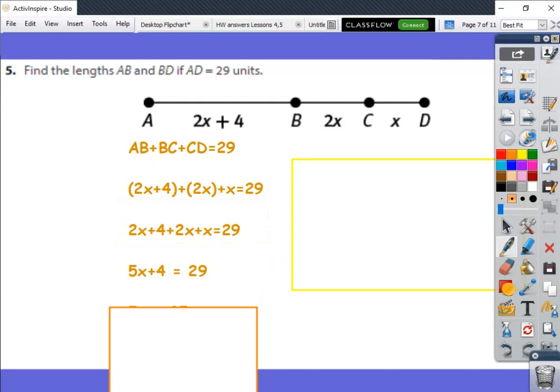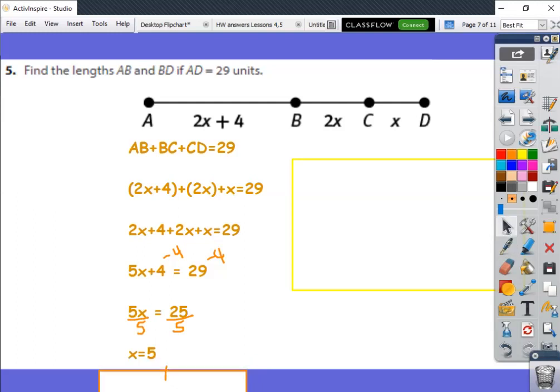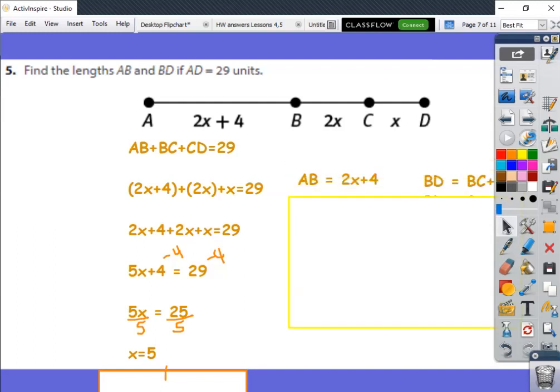Then I'm going to subtract 4 from each side, which gives me 25. And then I divide each side by 5, and I get that x equals 5. Now, what we want to do is find the lengths of AB and BD, so that gives us x. In order to find the lengths, though, I've got to plug it in.